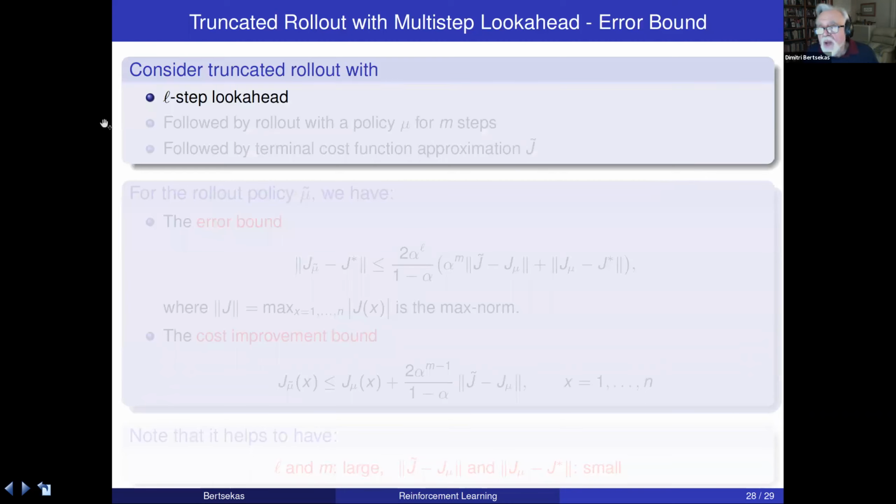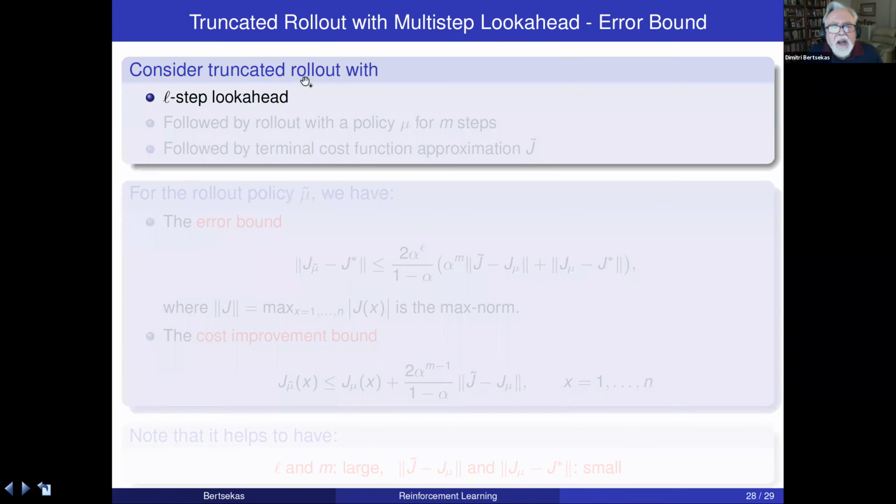Okay, I'm going to give you one more error bound, which is more complicated. This does not have to do with policy iteration. It has to do with rollout, truncated rollout with multi-step lookahead. It's one of our favorite algorithms, and it has an error bound that says something about how it works.